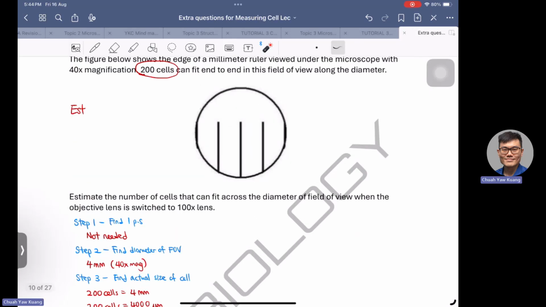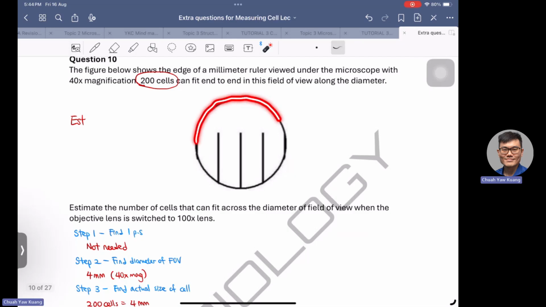What I mean is that this is the FOV. So that means that what you see under the microscope, yeah? This is the round shape that you see under the microscope. No matter what magnification you use, whether it is 40 times or 400 times or 1000 times magnification, you will always see the round shape with the same size because that is the image size of the FOV.